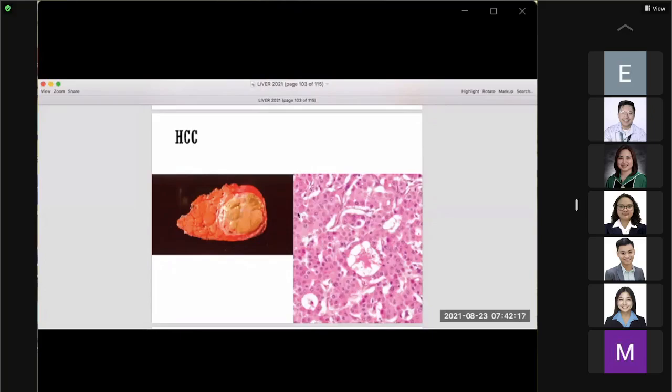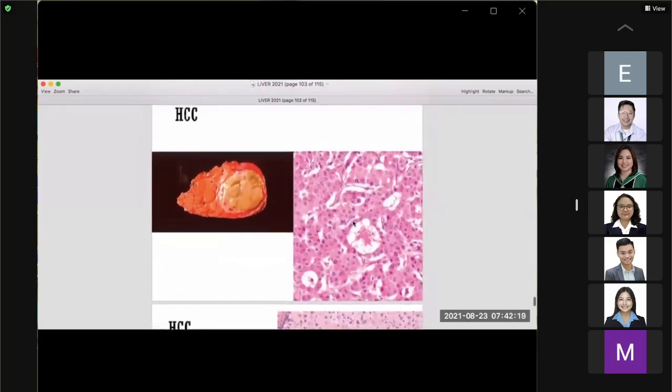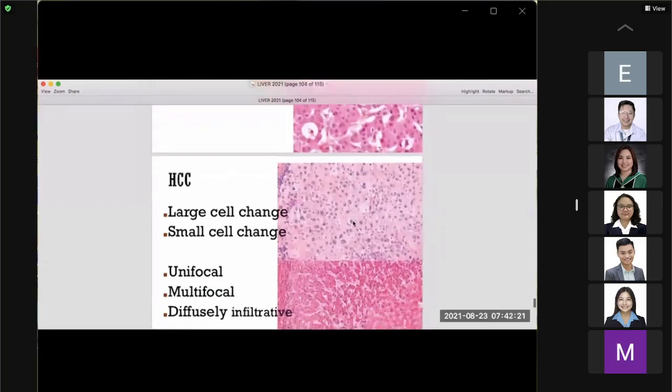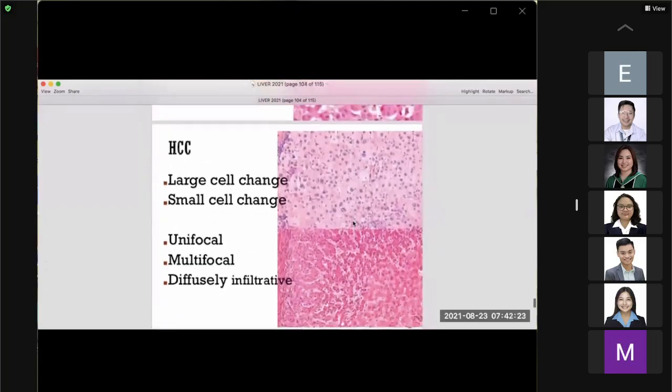So these are malignant tumor cells. Okay, so can be in the form of mostly large cell changes, but we can also have small cell changes. Can be unifocal, just one part, okay, or it can be multifocal.